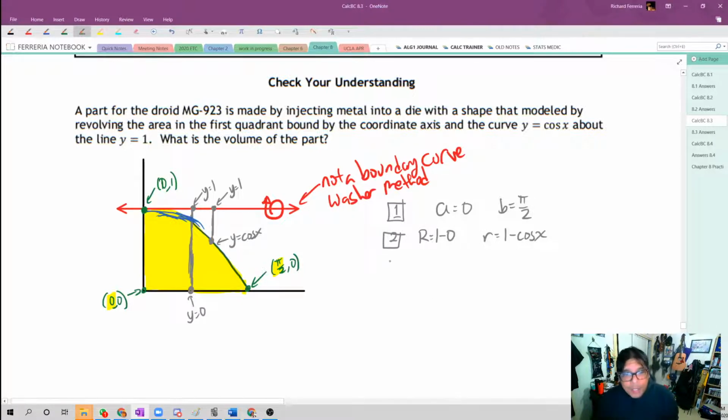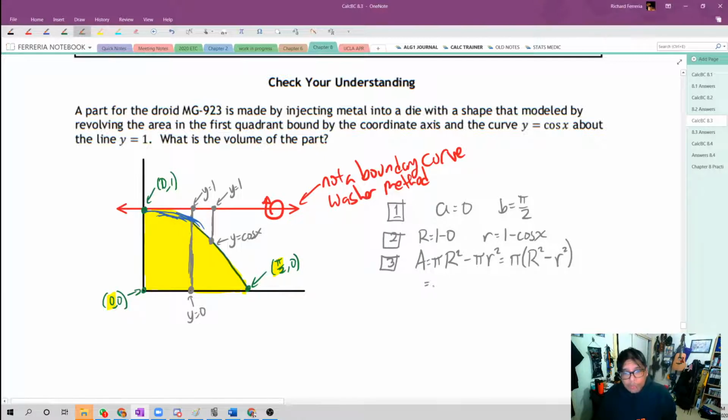Okay, step 3. What is my area formula? The area formula is equal to pi big R squared minus pi little r squared. And I think this time we're going to gather those pi's together and say it's pi times big radius squared minus little radius squared.